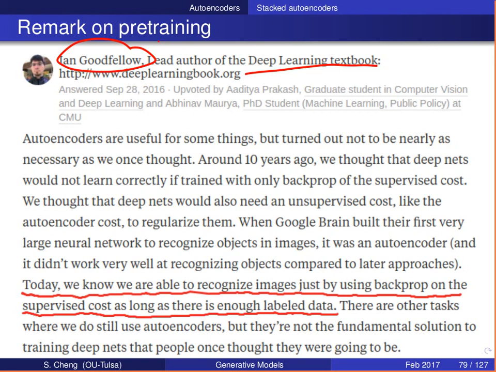The expectation doesn't match the result. But it is still very useful, as you saw earlier in the 2006 paper by Hinton. The autoencoder is still very powerful in terms of dimensionality reduction. It's doing a very good job there.